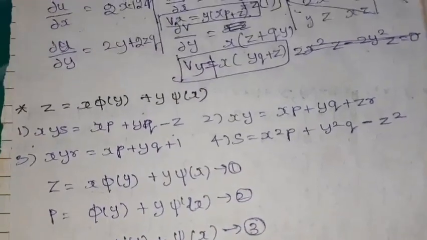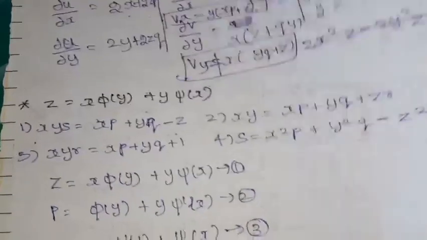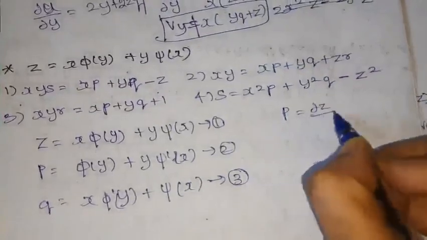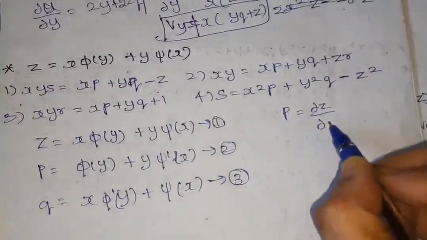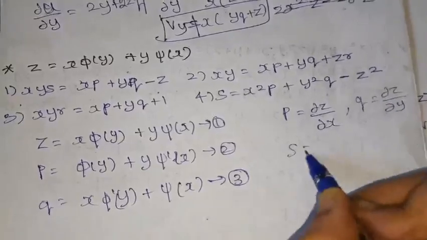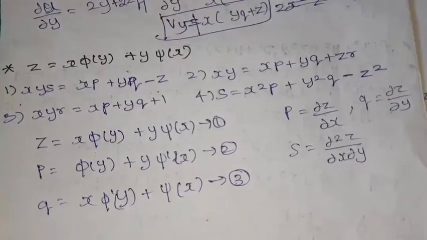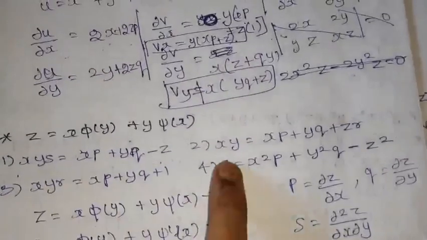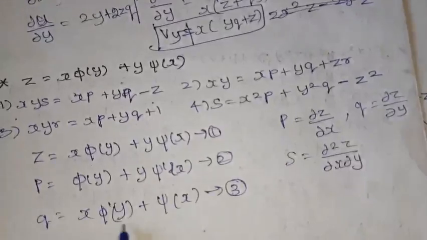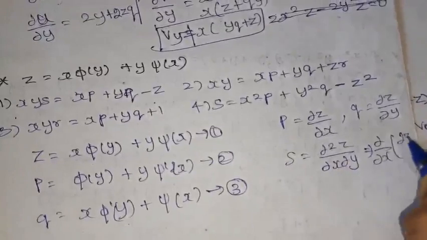See, let's look at the options. In option C, the s term or r term will be there. What is s? We know this differential equation is represented as q equal to dou z by dou y. What is s? Dou squared z by dou x dou y. Because the s term is there in the options, by simplifying we need to differentiate again. This is dou z by dou y, so it can be written as dou by dou x of dou z by dou y, right?